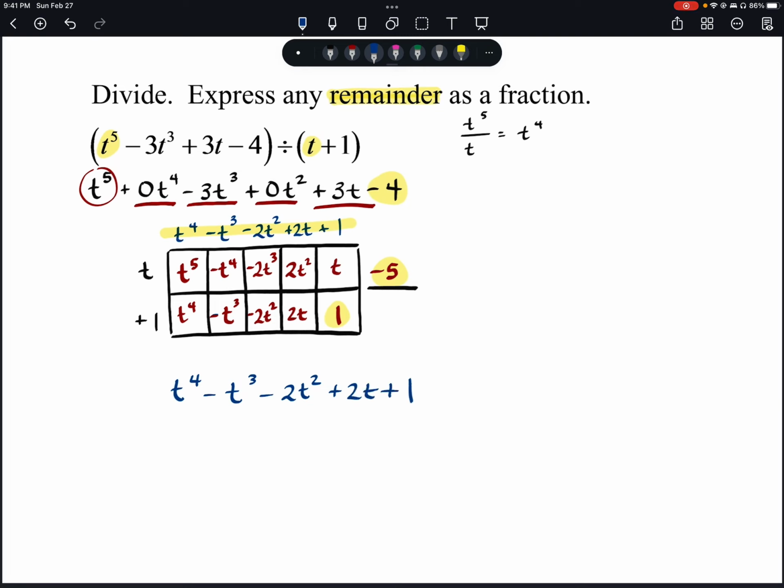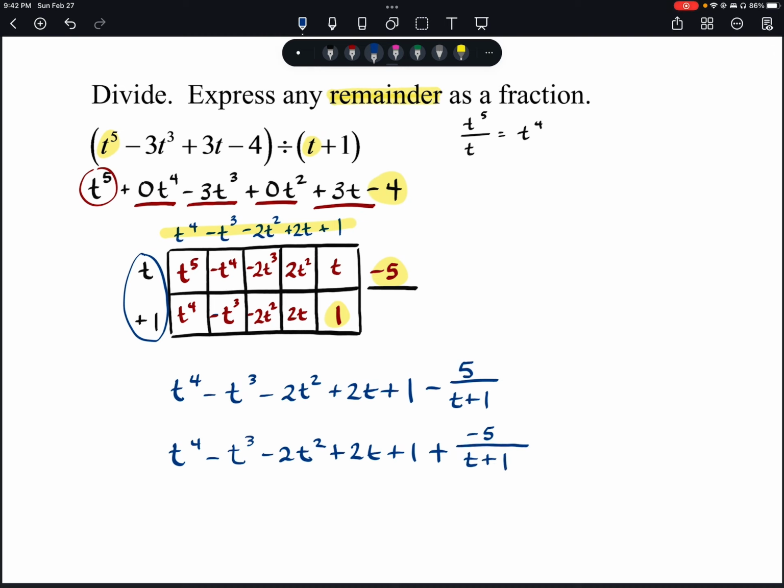And then we'll say you can either do minus 5 over our divisor, which would be t plus 1, or you're welcome to write it like this, where everything is the same up until after the 1. And you could always say plus and then move that negative to the top and say plus a negative 5 over t plus 1. Either of those answers would be correct.